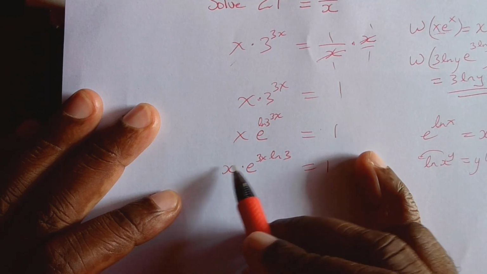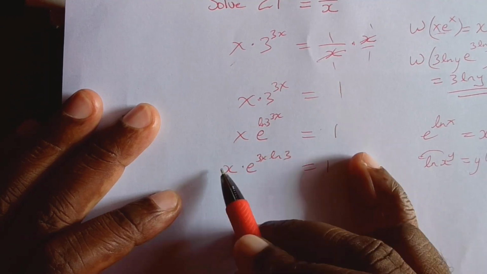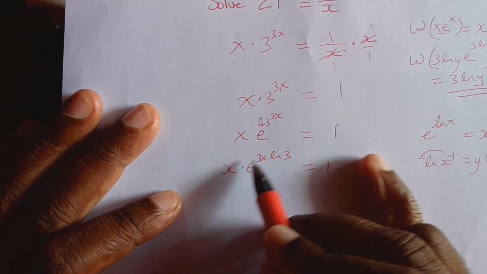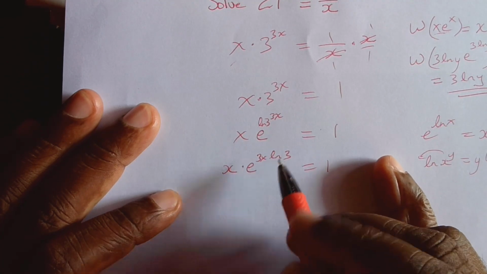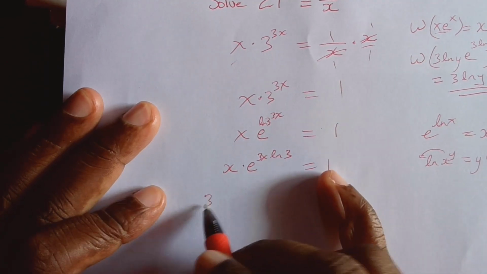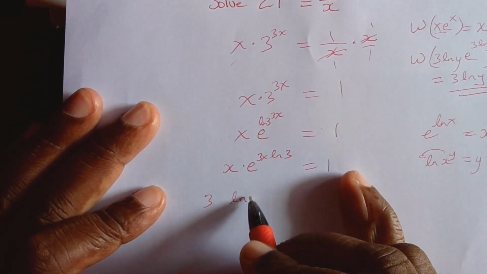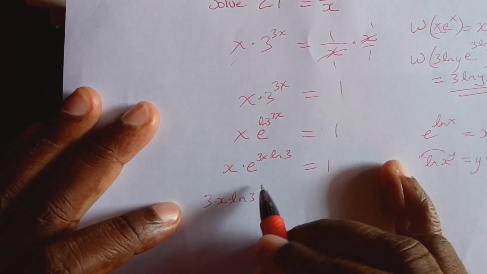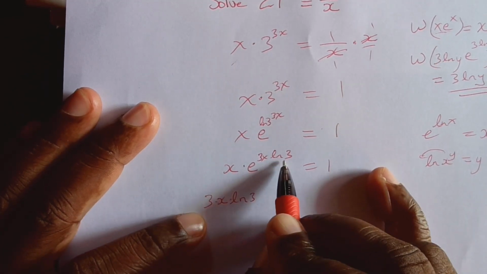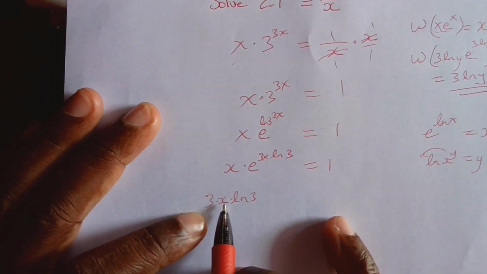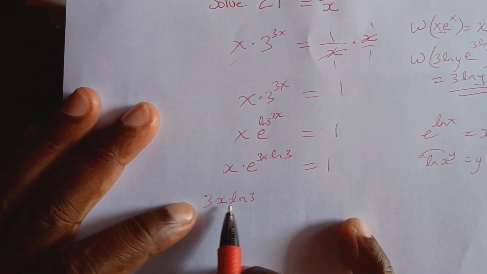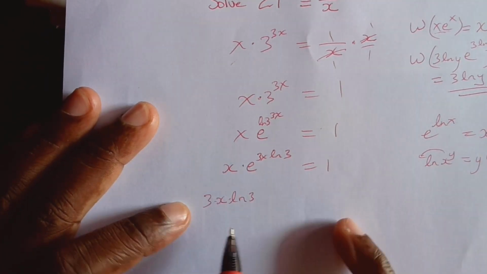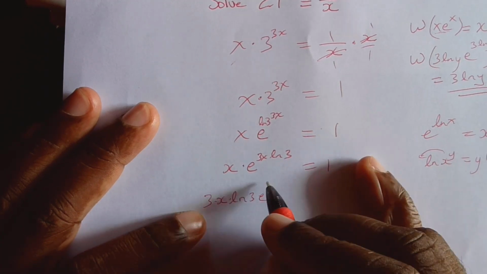I can actually get this quantity here if I multiply this by 3 ln 3. So let's do that. 3 times ln 3 times x, put the x in the midst of it. So notice that I now have this 3x ln 3. I could have put the x at the beginning or at the end, but having it in the same format helps you to see that we have the same thing in the power.